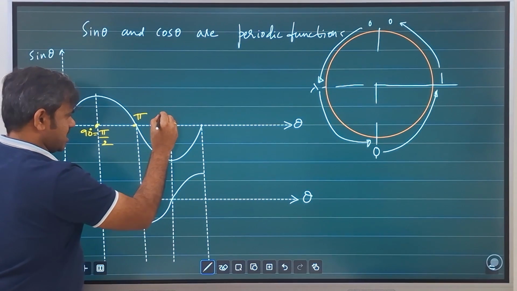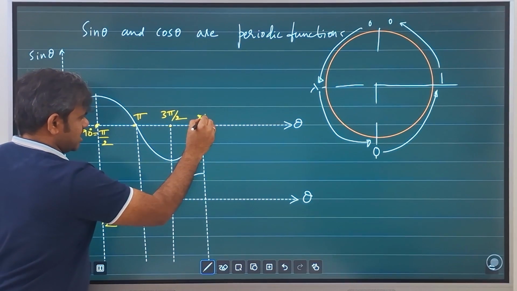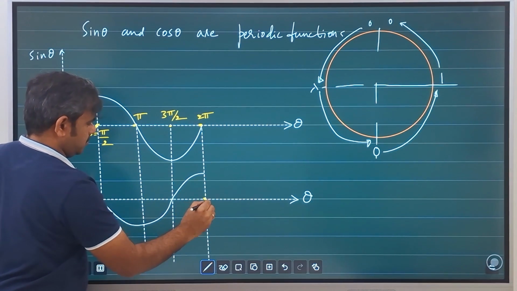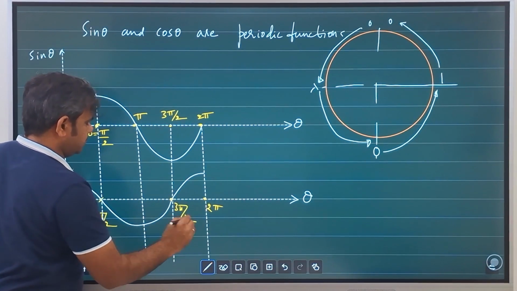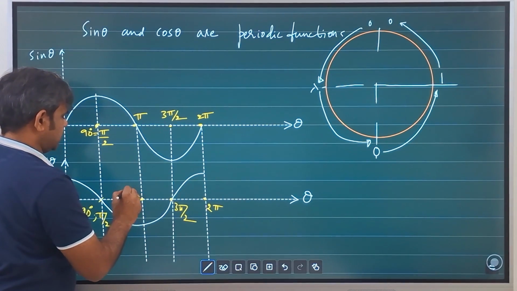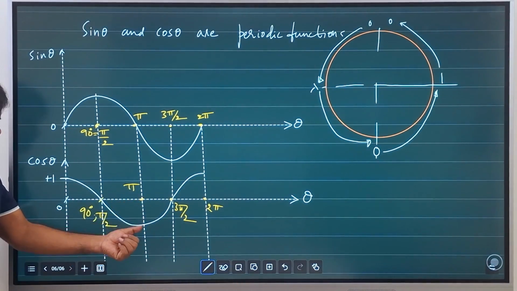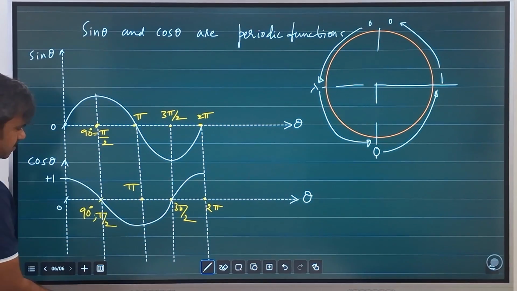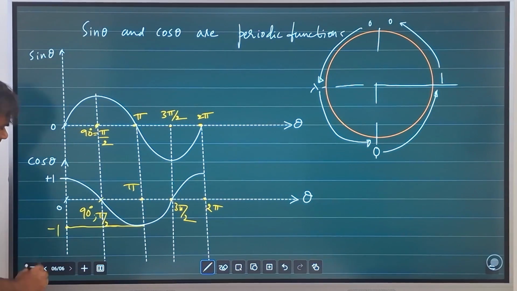This is 270 degrees or 3 pi by 2 radians. 360 degrees or 2 pi radians. Sin 180 degrees is equal to 0. Cos 180 degrees is equal to minus 1.